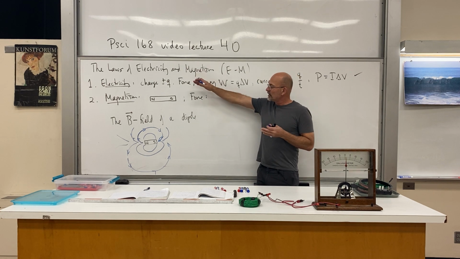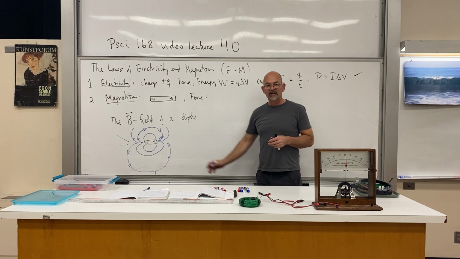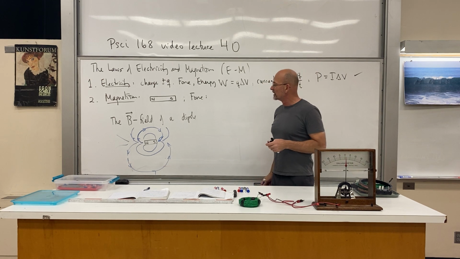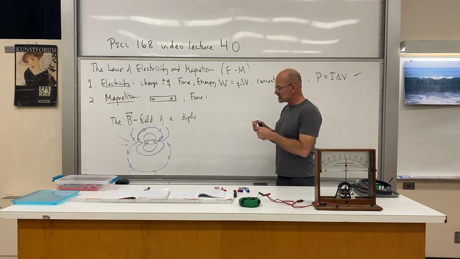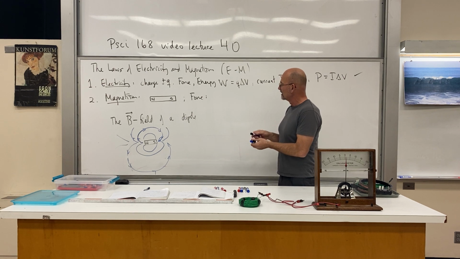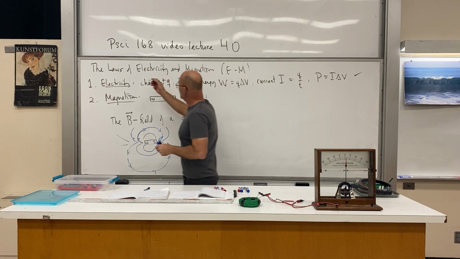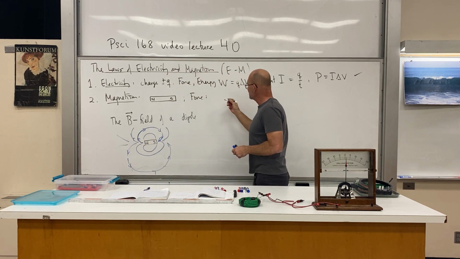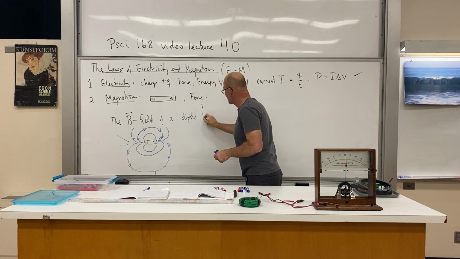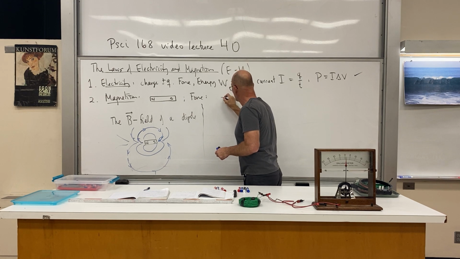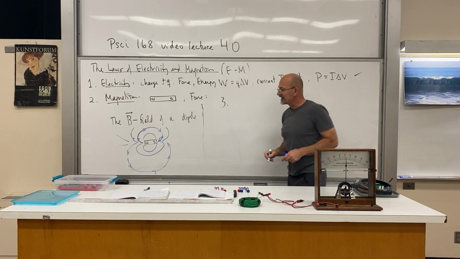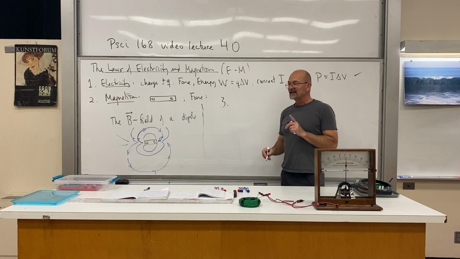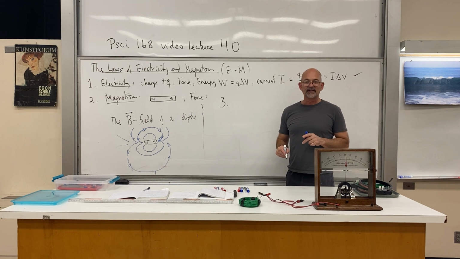So that was electricity and magnetism, and we did not yet see a relation between the two. And that's where it's going to get really interesting. So they go together and they're going to be linked here on my third point. And that is that a magnetic field acts on an electric current.